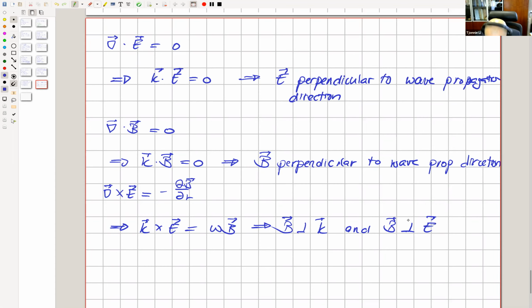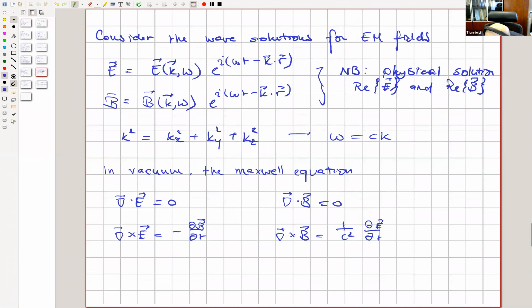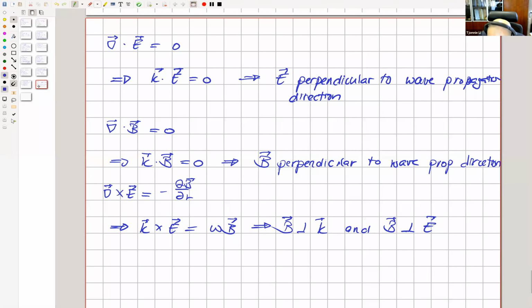Okay, now the final Maxwell's equation gives us, in that sense, no really new information. So here I've got the curl of B equals 1 over c squared partial E partial t. And so in that case, what do I get?